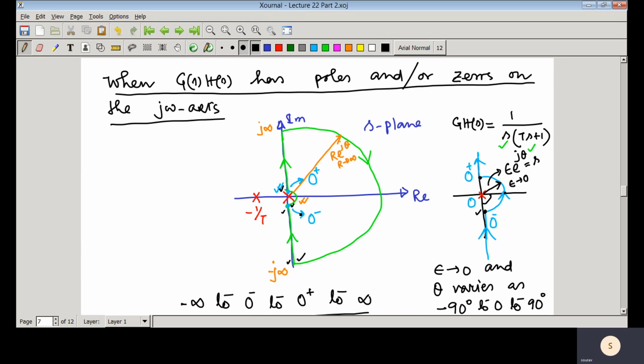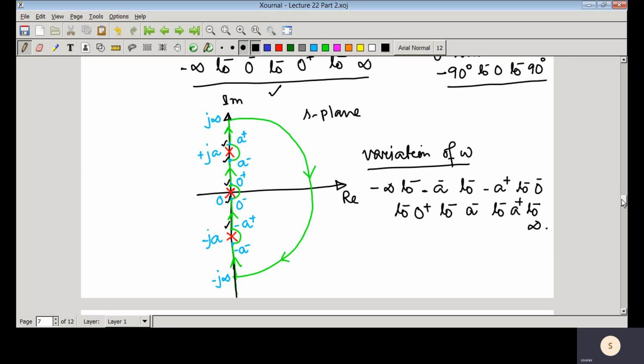That would be epsilon e to the power j theta, and epsilon will be tending to 0, and then theta will be varying from minus 90 to 0 to plus 90, and we can take the Nyquist contour as before. So now let us see how to map that Nyquist contour in the G of S, H of S plane. That is actually called the Nyquist plot.